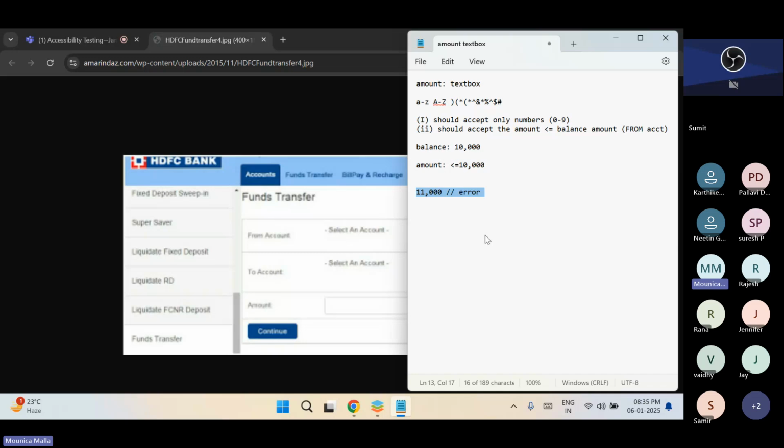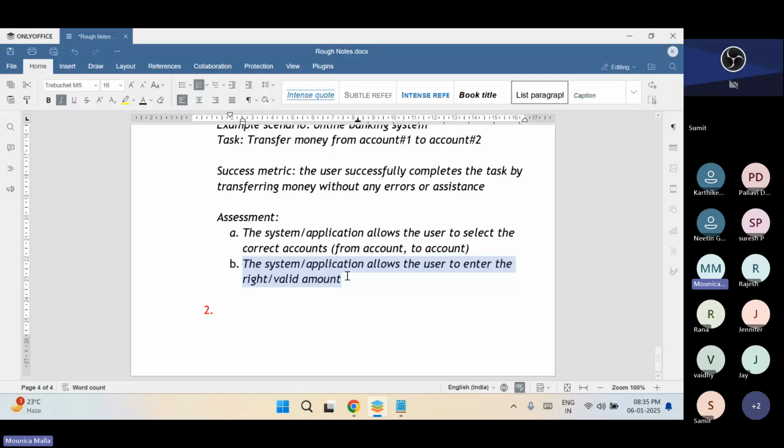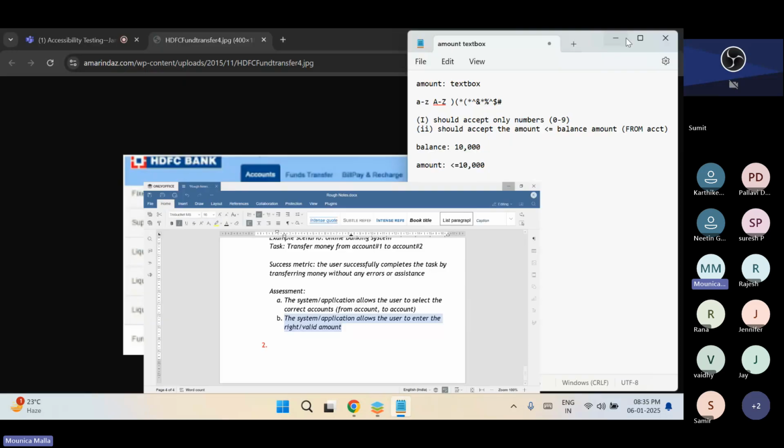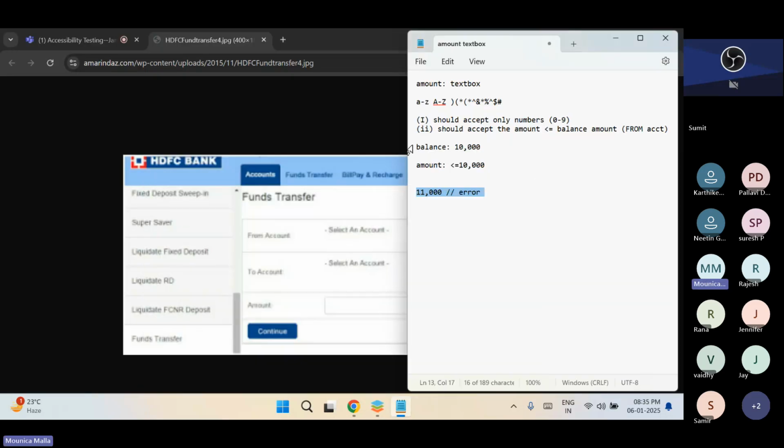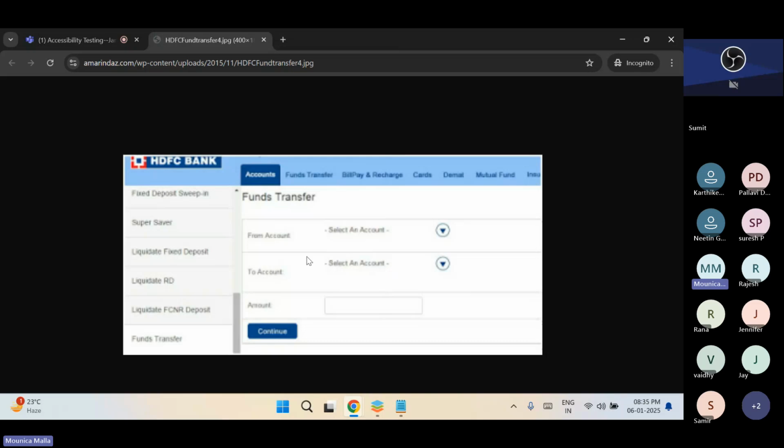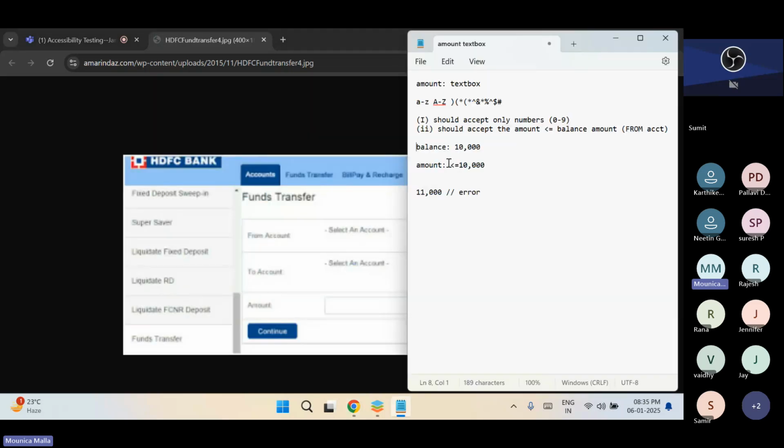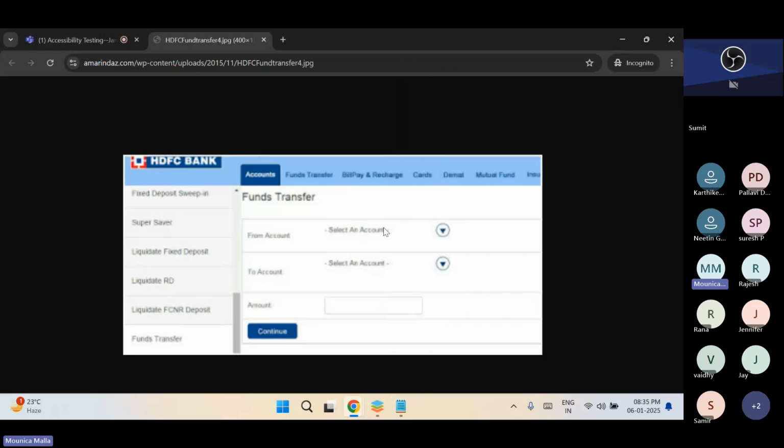Hence, the usability factor I'm talking about here is that the system allows the user to enter the right amount. Right amount means when the user's balance is 10,000, somewhere here, I cannot show it right now on the screenshot, but here you will see that your balance is 10,000. Maybe it's after you choose the from account.